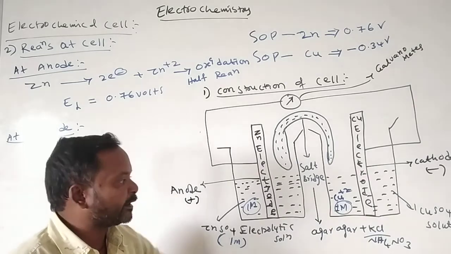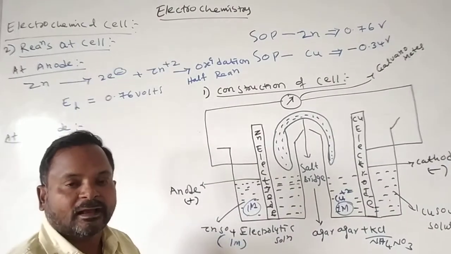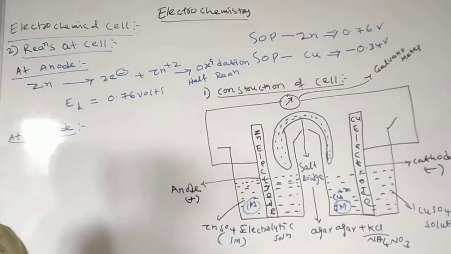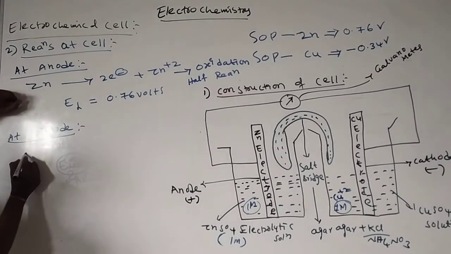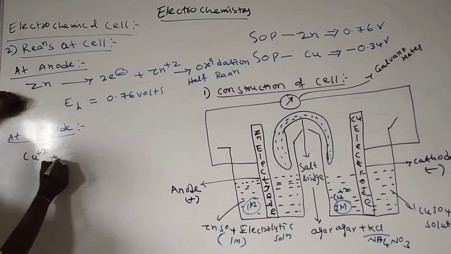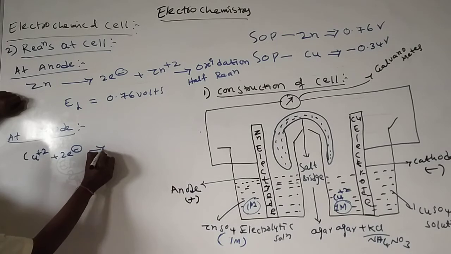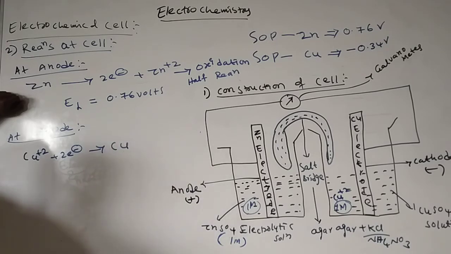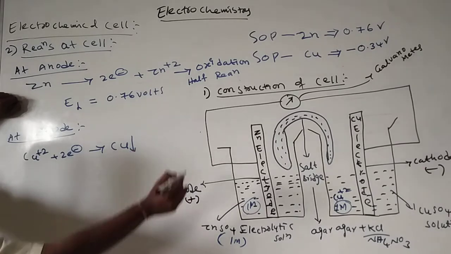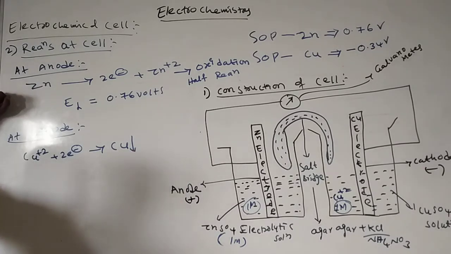Those 2 electrons are gained by the Cu plus 2 ions and the reduction reaction takes place. Cu plus 2 ions gain 2 electrons and convert into copper. This copper is deposited at the copper electrode.